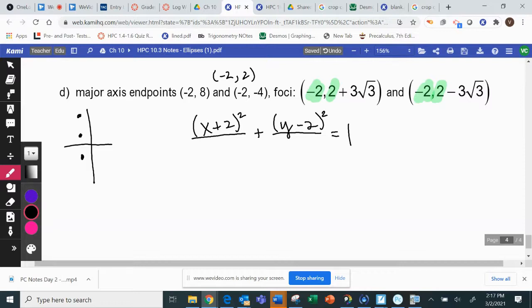The a squared? Yeah, it's the c squared is 27. Now, he got that by taking this c value and squaring it. Okay, so c is 3 radical 3. I need something else that should be a little obvious.